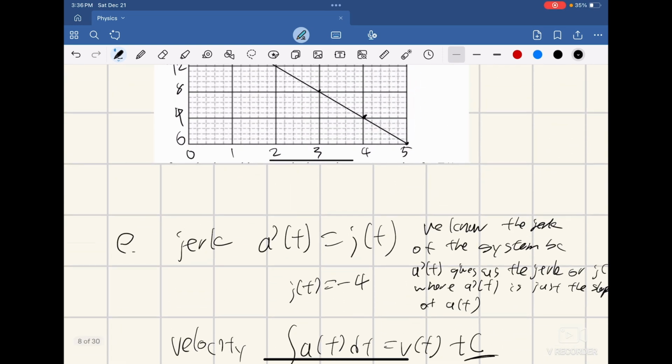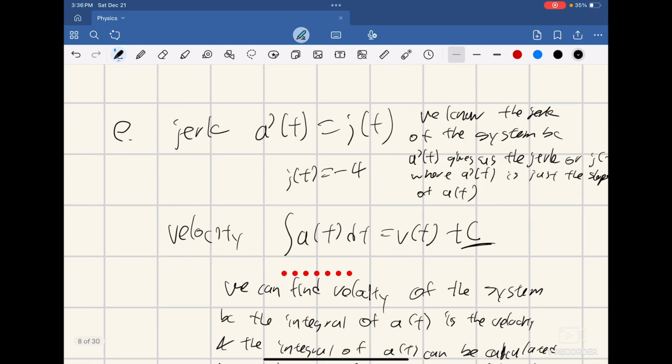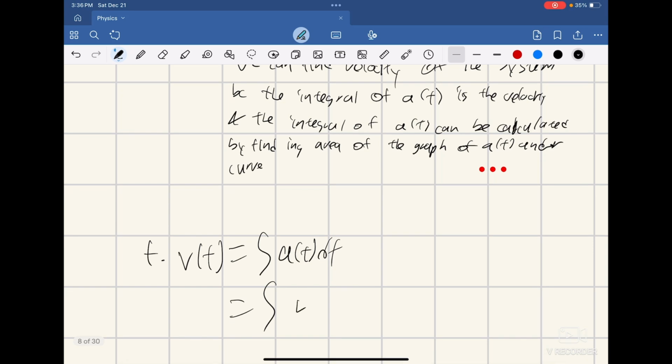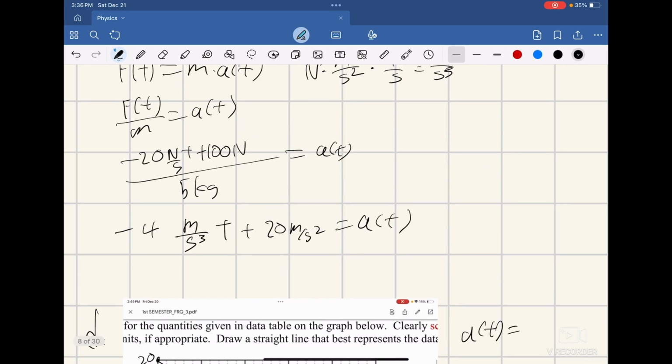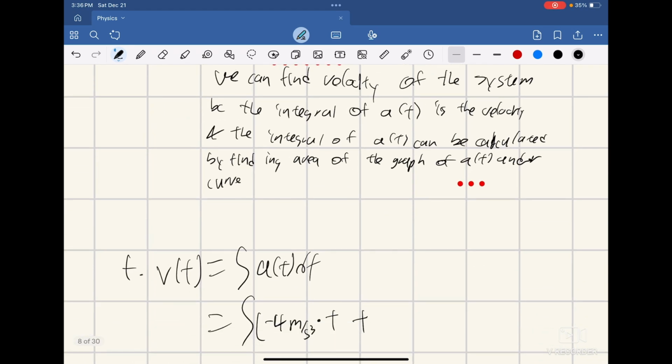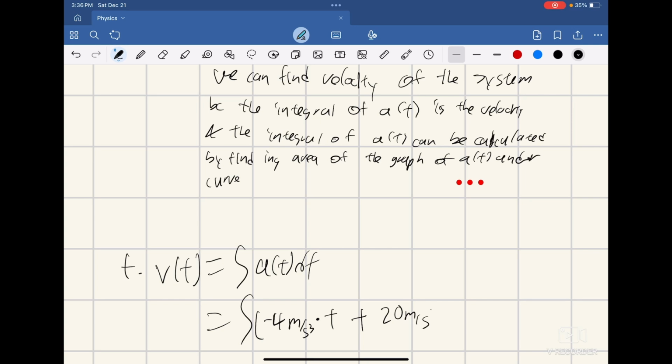We're just going to find the integral of negative 4 meters per second cubed times t plus 20 meters per second squared, dt.